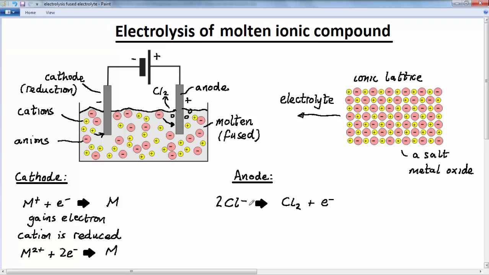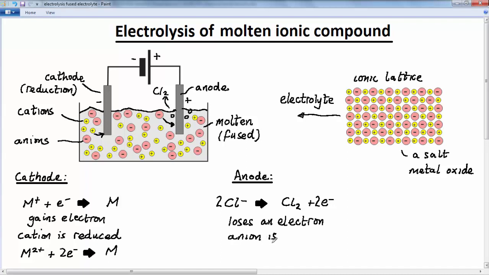But now when we're balancing half equations, we also need to balance the charge as well. So because we put a 2 here, we've now got 2 minuses there, so we need to put a 2 there so that the half equation is balanced. So we say that at the anode, the anion, in this case chlorine, loses an electron, and we say that the anion is oxidized.